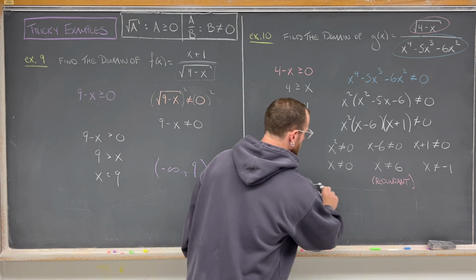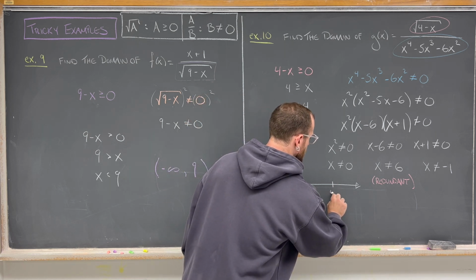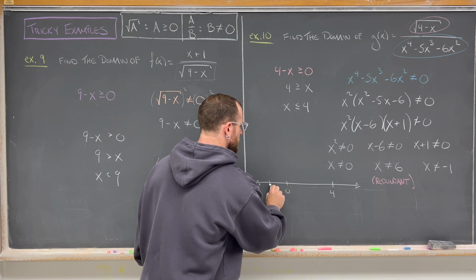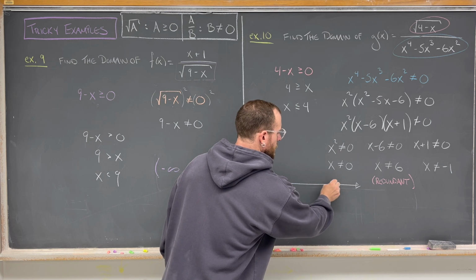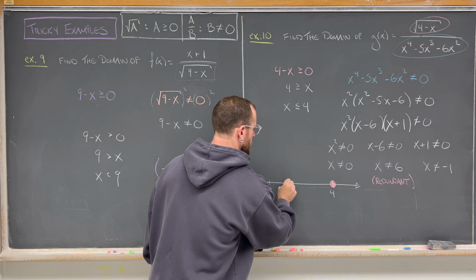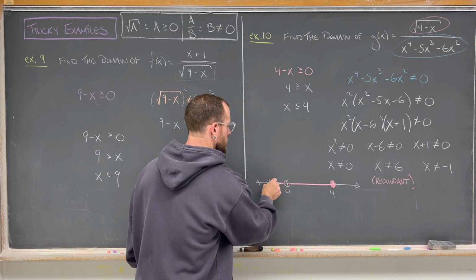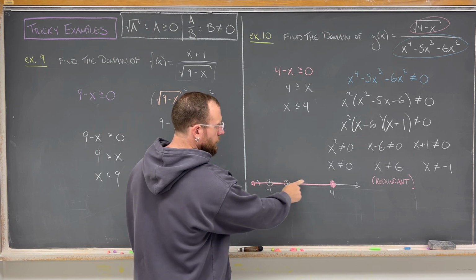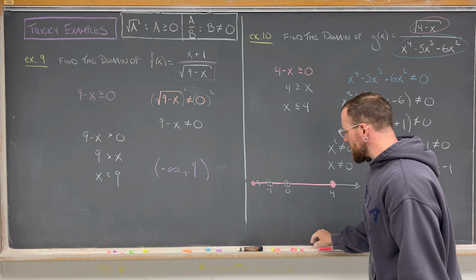If you look at a number line, what I know is that x is at most 4, but it's not equal to 0, and it's not equal to negative 1. So what numbers are you left with? All of the numbers from 4 and below, except for these two. So that actually leaves me with 1, 2, 3 intervals of numbers. What are those intervals?